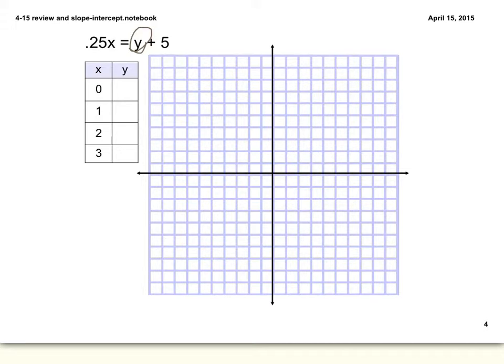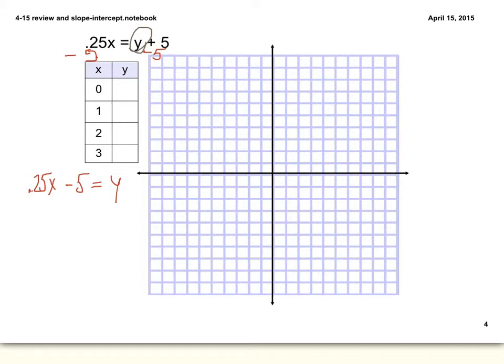In order to get Y by itself, I have to subtract 5 from both sides. When I'm done moving that 5 over, I get 0.25x minus 5 equals Y. And that's okay. Y can be on that other side. It's perfectly fine.